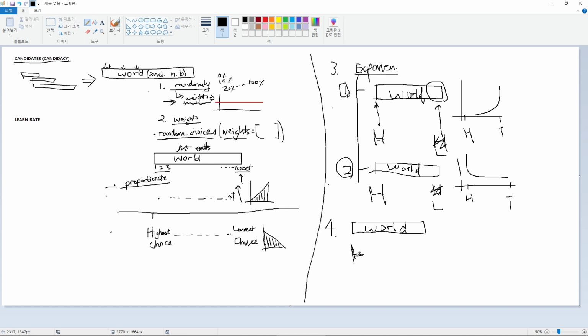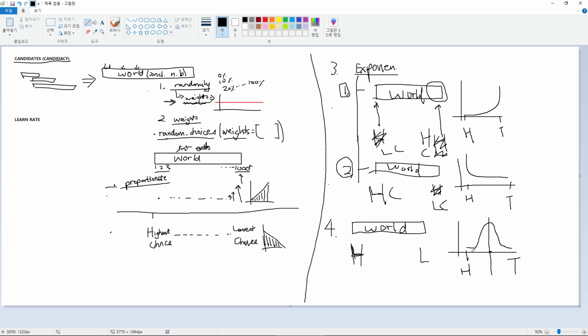And the last way of doing it would be ensuring that it is a normal distribution. So somewhere in the middle, the median entity would have the highest chance of being picked. Oh wait, did I do this right? Yeah, I did that right. High chance, low chance. LC, HC, HC, LC.